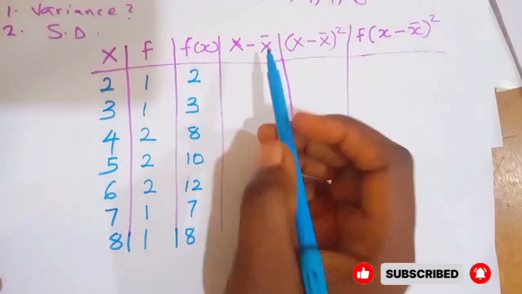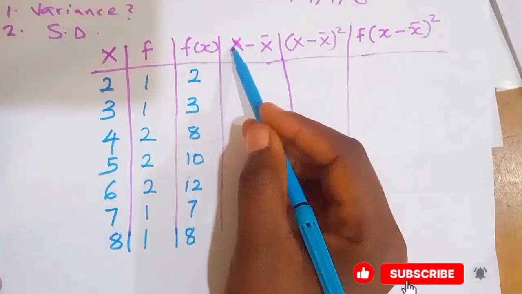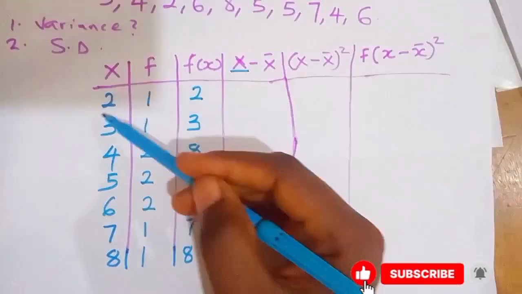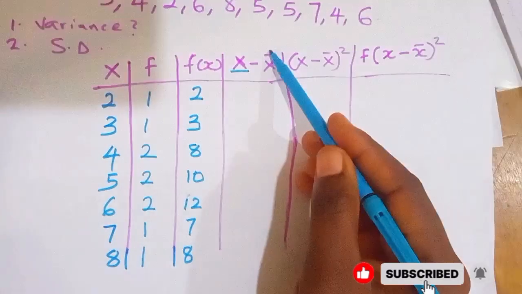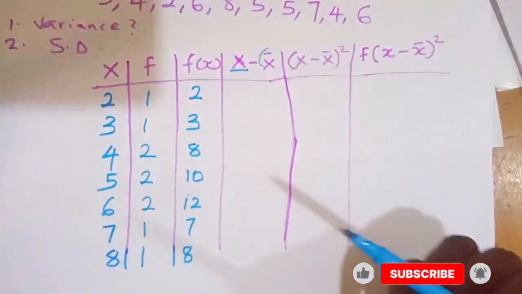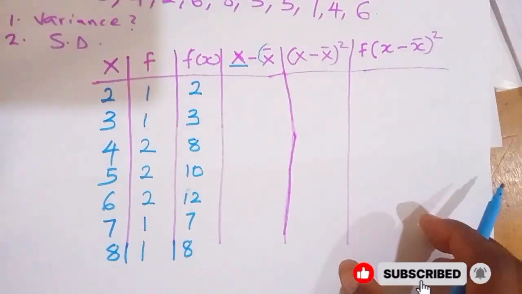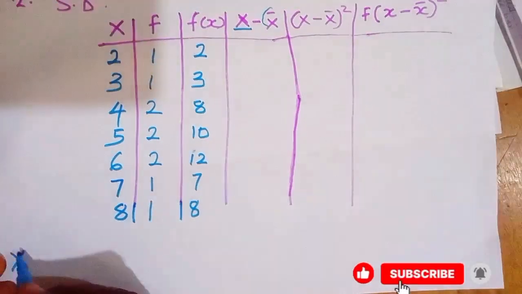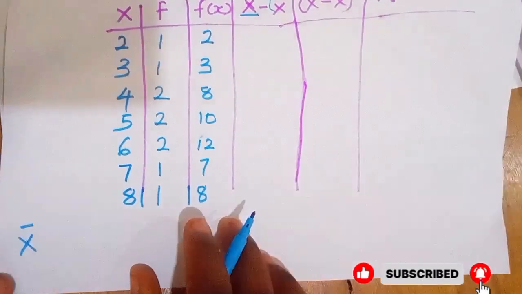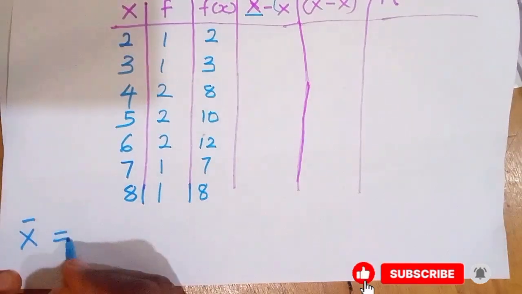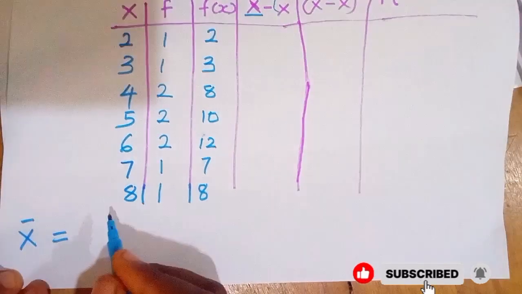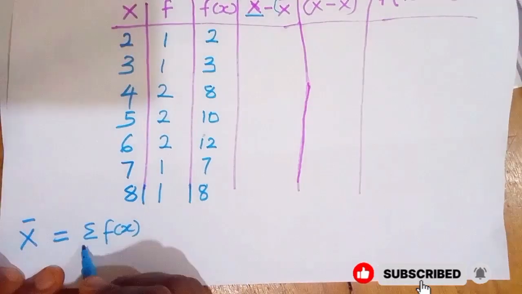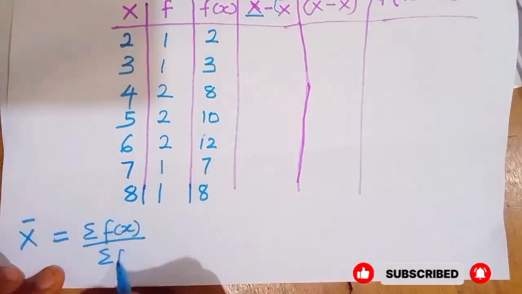Then from here, you can see x is given. That is the value. But the mean is not given, so we are to solve for the mean. So let's solve the mean together. The formula for mean is equal to summation of f multiplied by x, all over summation of f.